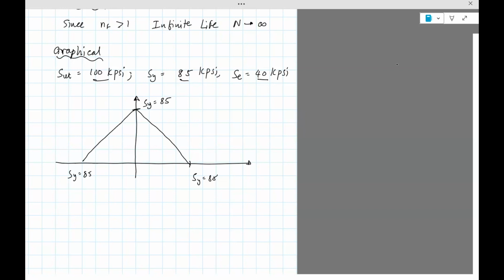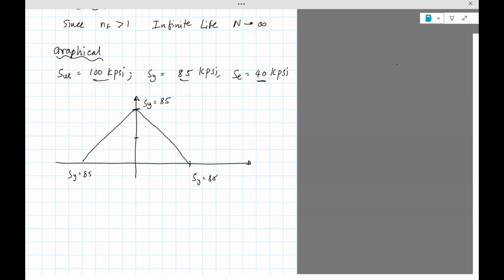So that's the Langer line. Next, we need to draw the Goodman line. For that, we need to plot 40 on the y-axis. So 40 would be approximately midway, somewhere here, maybe slightly lower.